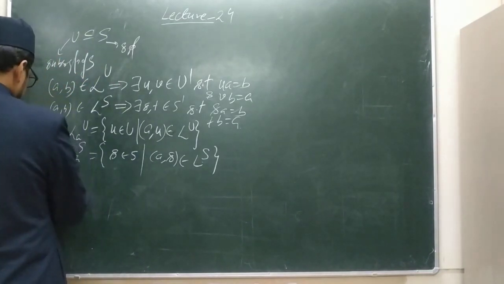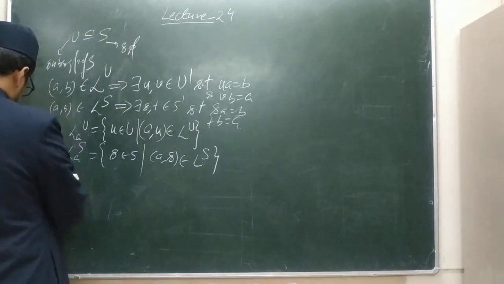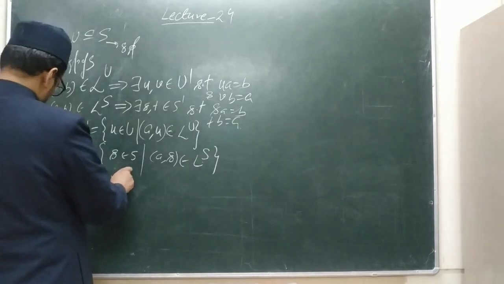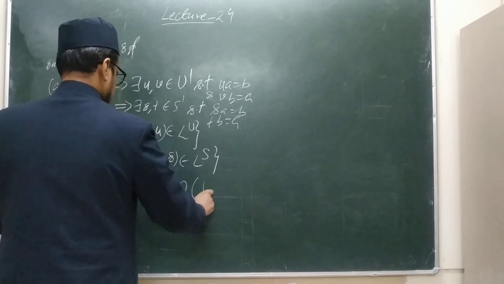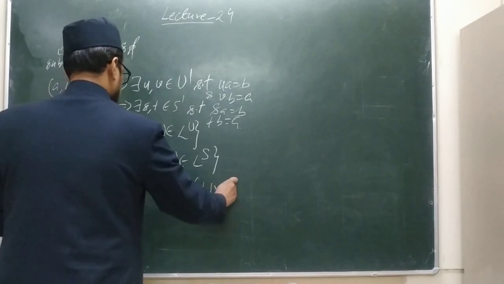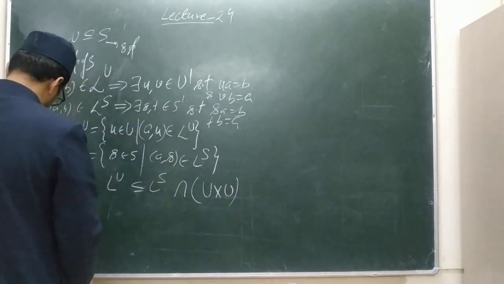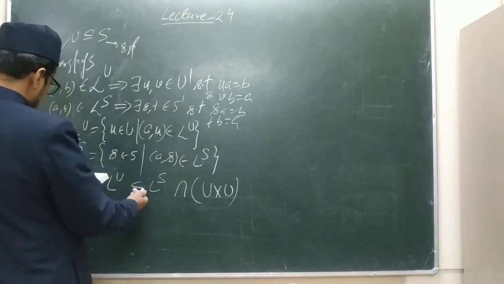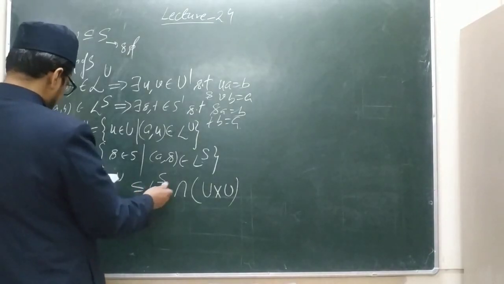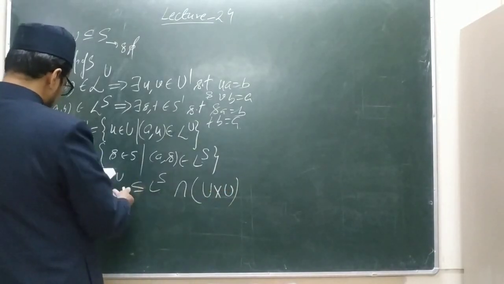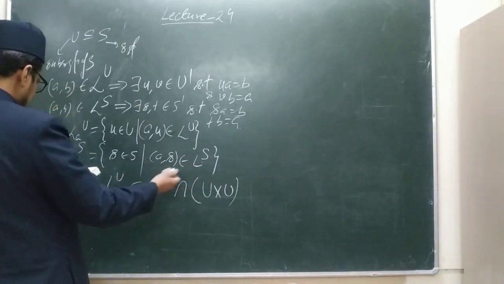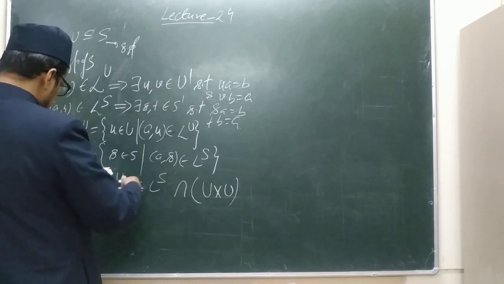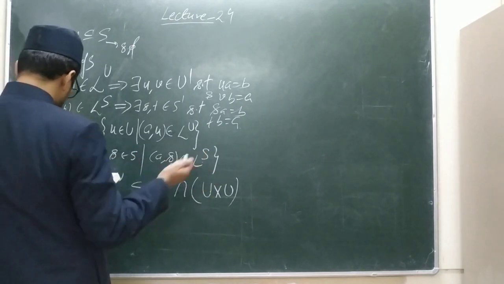Now, there are some trivial facts: L_U is contained in L_S intersection U cross U. Similarly, R_U is contained in R_S intersection U cross U. H_U is contained in H_S intersection U cross U. D_U is contained in D_S intersection U cross U. J_U is contained in J_S intersection U cross U. All of you can do this by yourself.